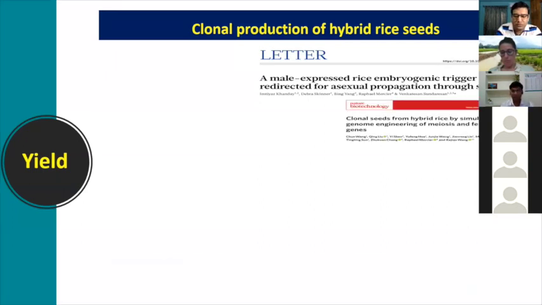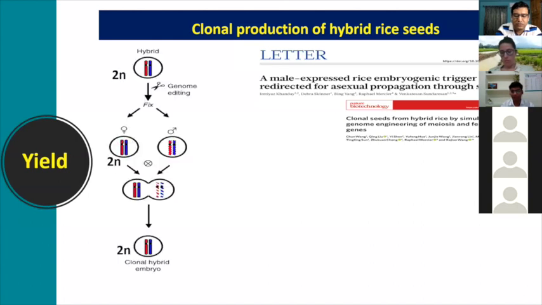There are two papers, one in Nature and one in Nature Biotech. They tried to develop hybrid seeds that could be clonally produced. So theoretically, if those seeds come to market, they could be saved by farmers year after year, and they don't have to buy every year, okay?